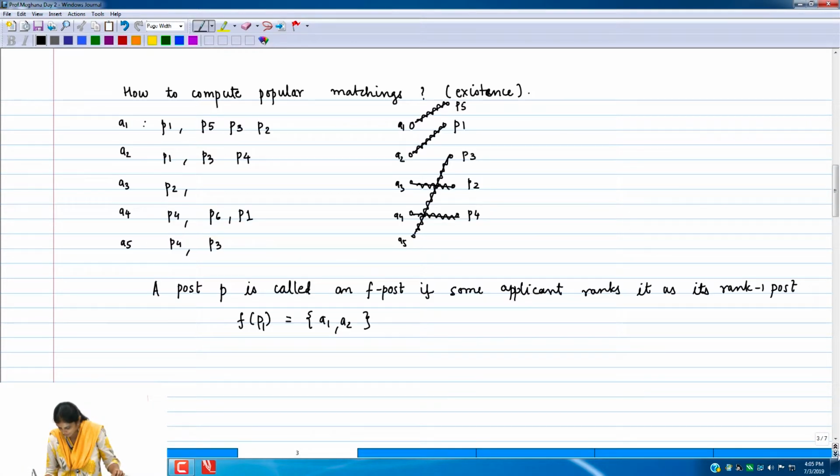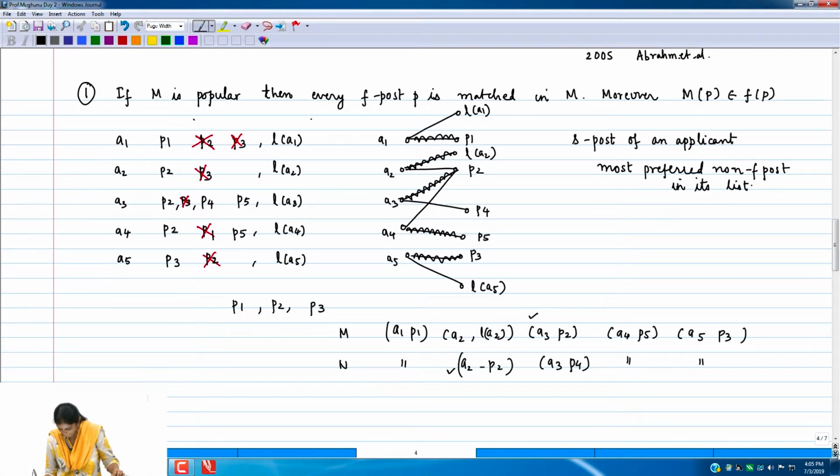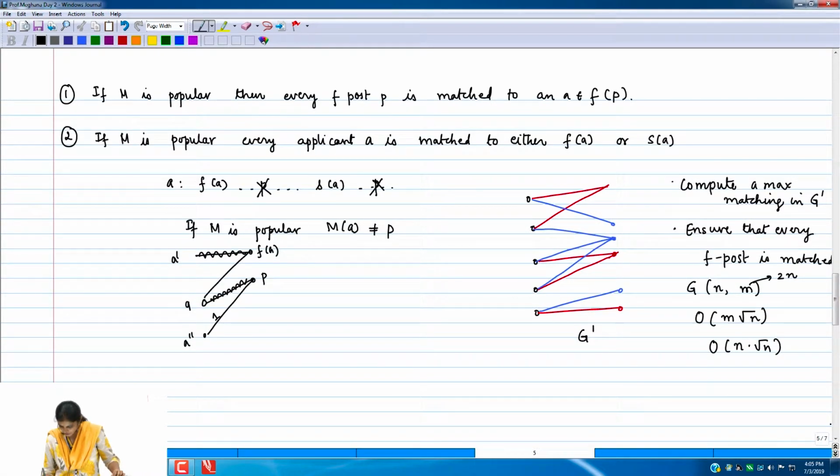So I will just modify this algorithm. Ensure that every F post is matched, and in fact you can do this immediately after computing the maximum matching: if M matches all applicants, then the instance admits a popular matching.